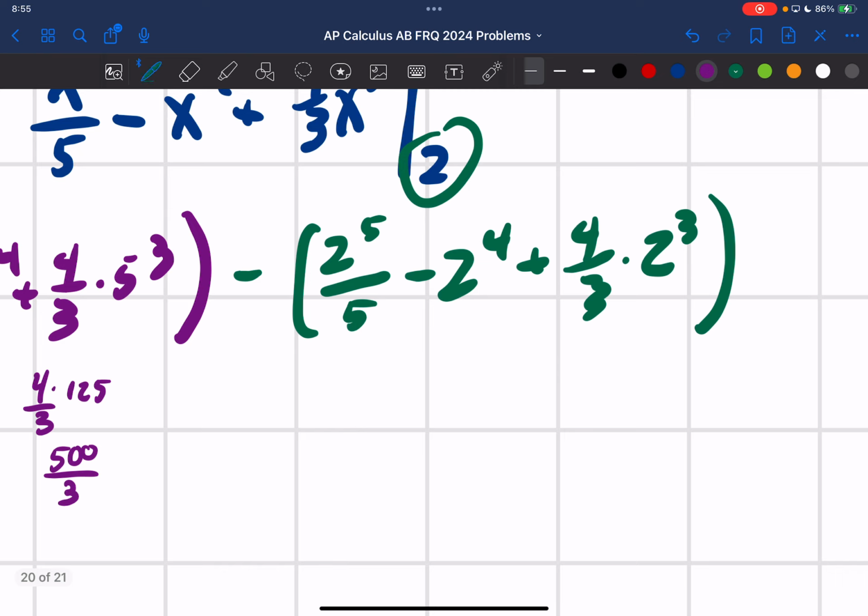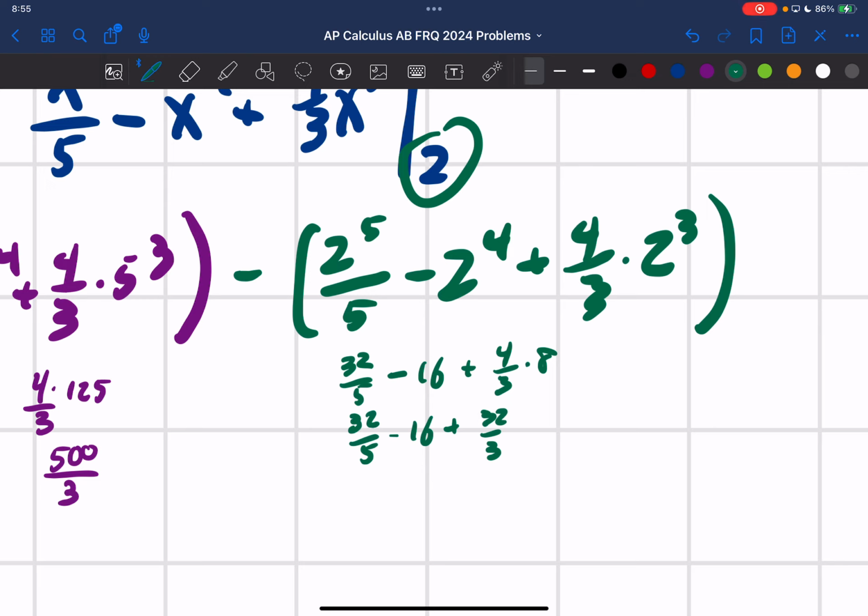Now in green, 2 to the 5th is 32 over 5. 2 to the 4th is 16. And then we have 4/3 times 8. So we have 32 over 5 minus 16 plus, if I multiply 8 times 4, we get 32 over 3.